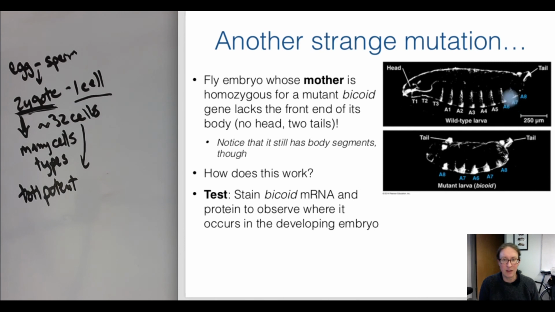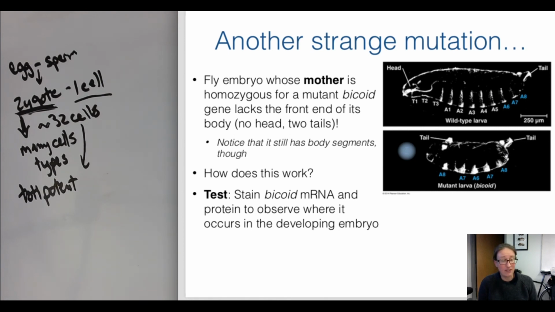So instead of developing a head and a tail, what winds up happening is it winds up having two tails. But you'll notice that it still has its body segments in spite of having two tails.